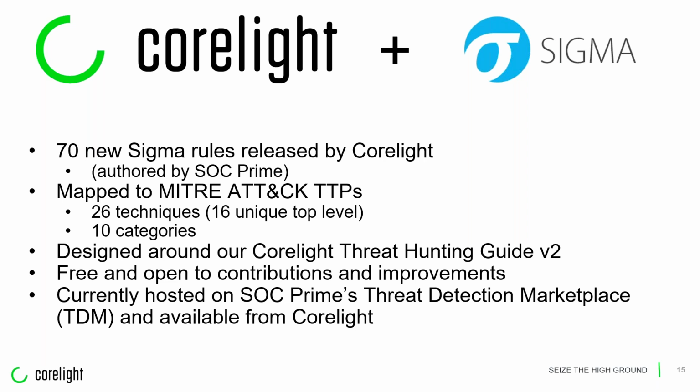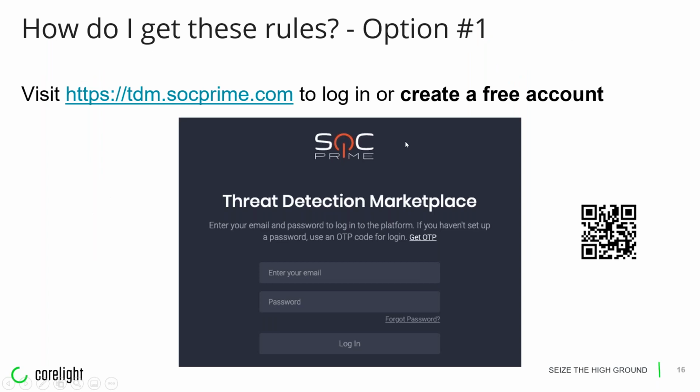We're working to expose these in some format, maybe GitHub, in the future, so that people could more easily make contributions and suggest changes. For right now, you can do all of that through TDM. I'm going to hand it over to Mark to talk a little more about how you get these rules and what you do with them once you log into TDM.